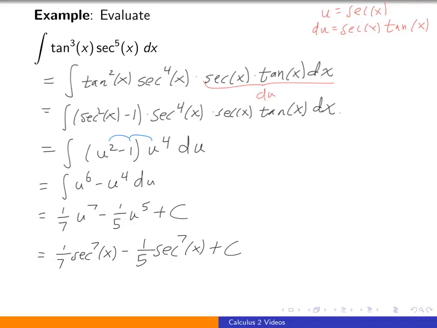And the technique that we've used in this example corresponds to method 2 given in the second slide. Also, let me note that in order to use this technique, all we need is for this tangent power to be odd. So it just as easily could have been tangent to the first or tangent to the 11th.